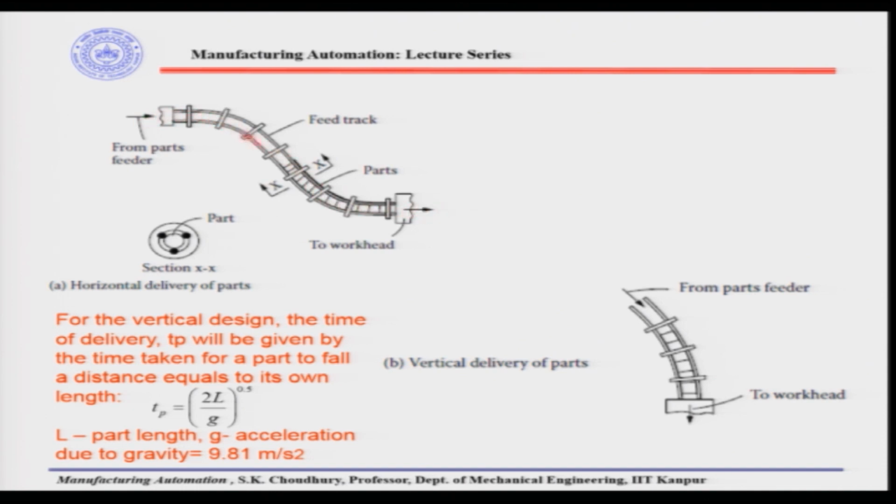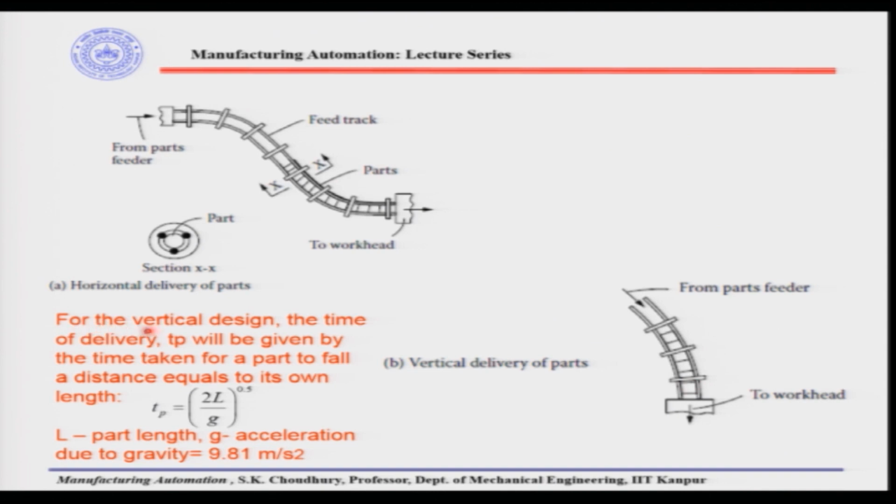In between we have the feed track, and through the feed track the parts are going like this. Here is the sectional view, this XX section, and they are going to the workhead. This is an open space for easy access to the parts, and here is the vertical delivery of parts, where the parts are falling down by gravity.